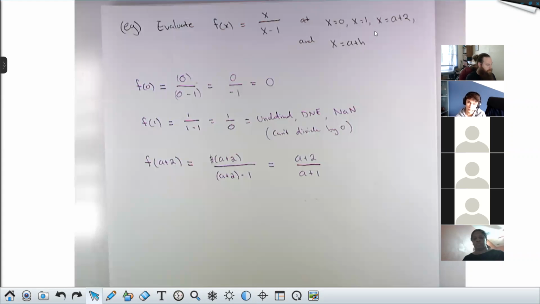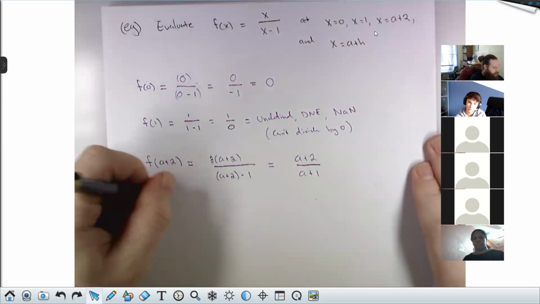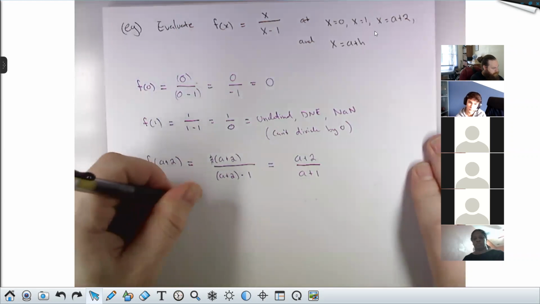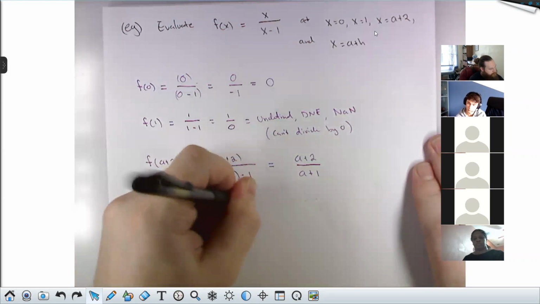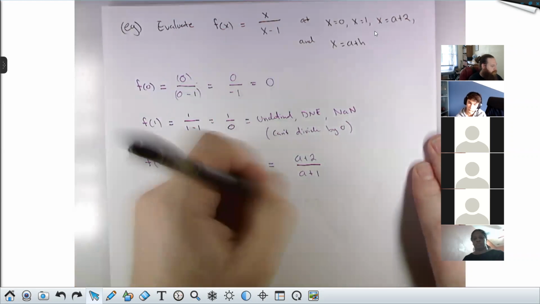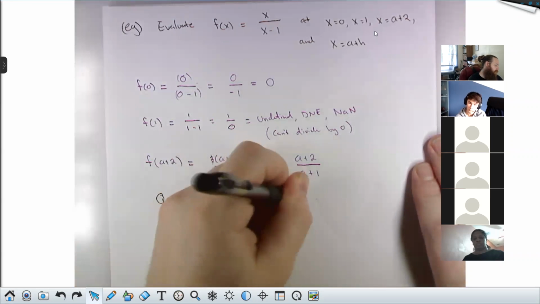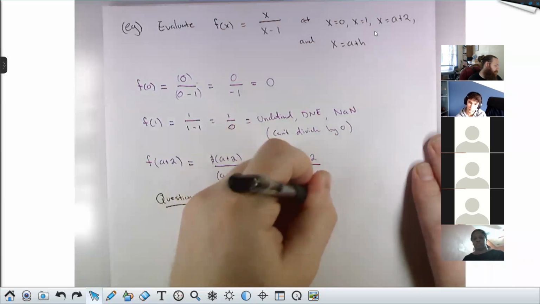Before we move on, is f of a plus 2 the same as f of a plus 2?